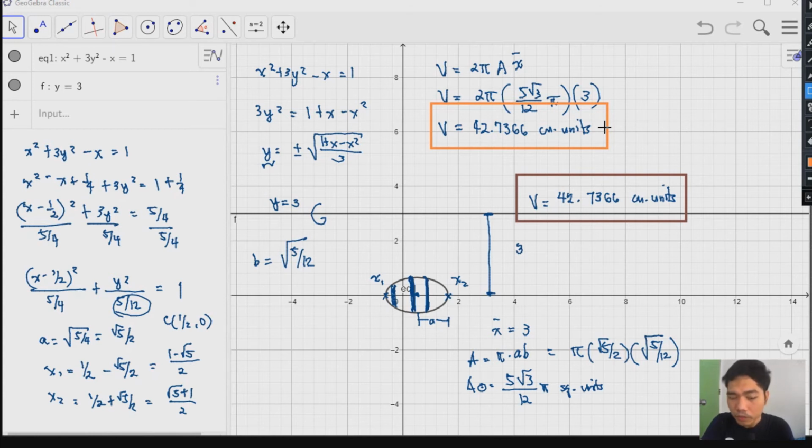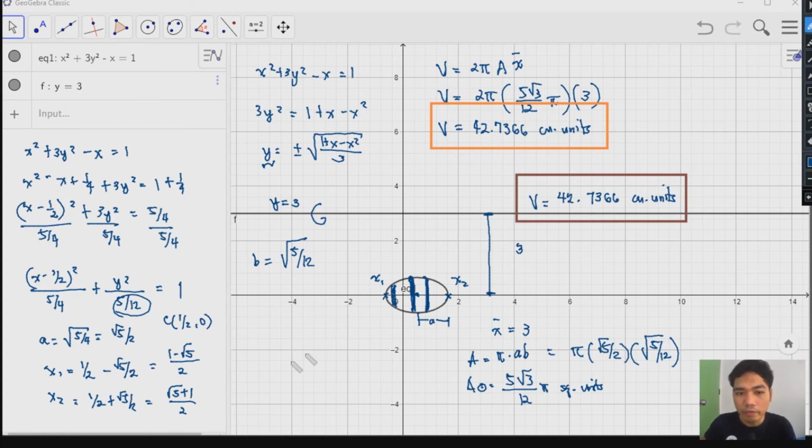So this theorem of Pappus is only recommended when you're certain that you can find the area and the correct centroid of the surface or the figure itself. But if it's not possible for you to determine the centroid of that area because it's irregularly shaped, not a regular polygon.